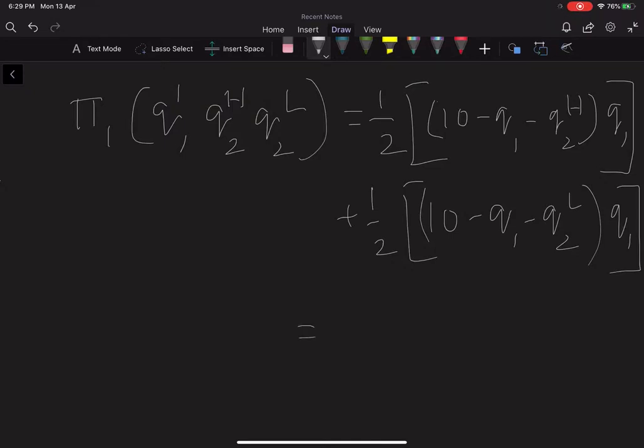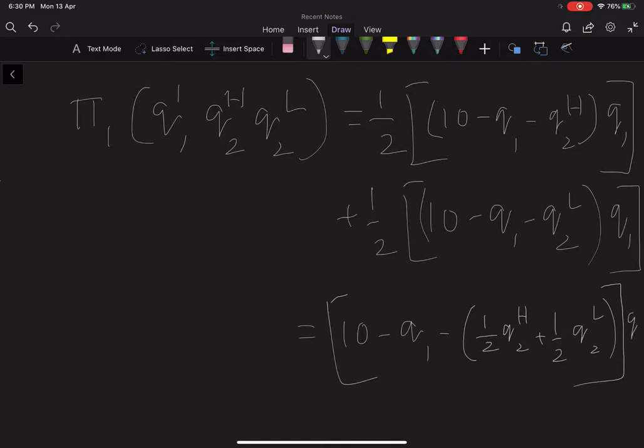If you simplify, you will get 10 minus Q1 minus half of Q2H plus half of Q2L, times Q1.